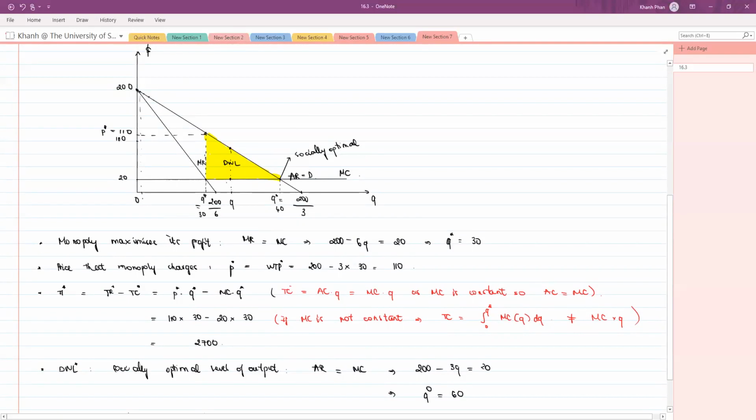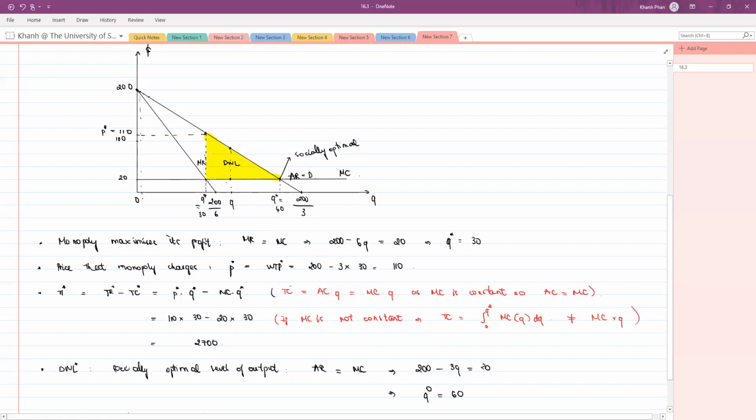Okay. So as you can see, by being able to charge the consumer their maximum willingness to pay, the firm will have incentive to continue to produce up until this point over here, where the consumer's willingness to pay is equal to the firm's marginal cost.